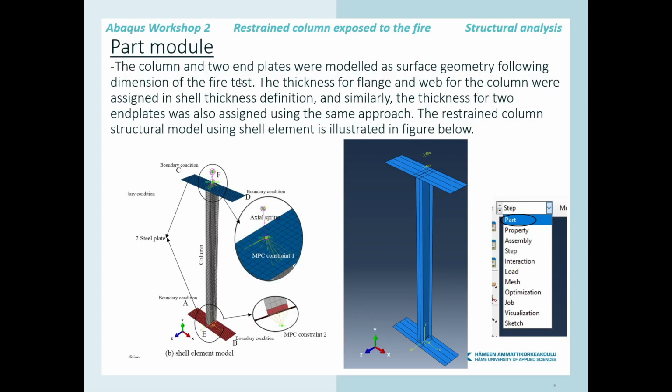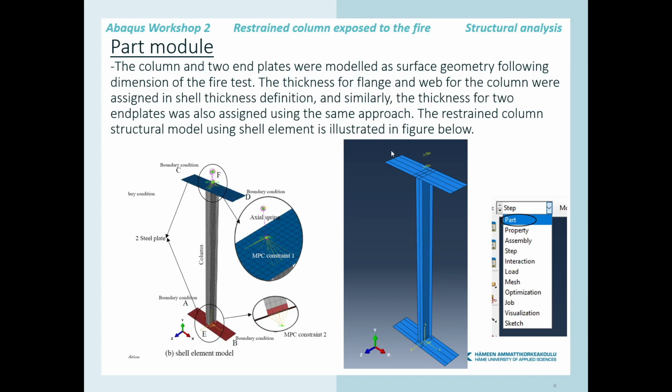Now we are in the part module, and this is the restrained column exposed to the fire simulation using shell element. In the previous tutorial we did the same example with the beam element, but now we will do the same example using shell element.